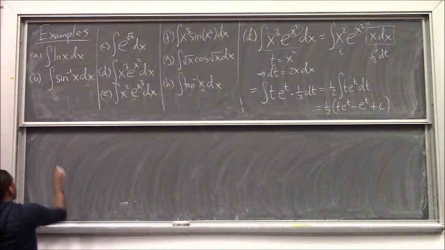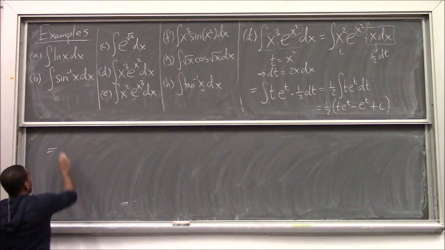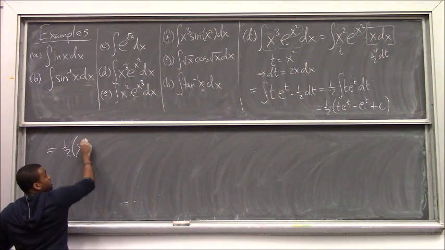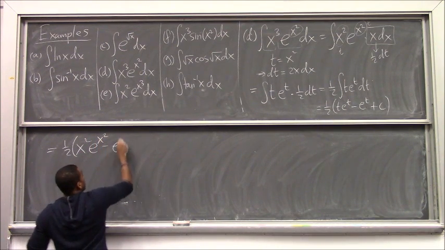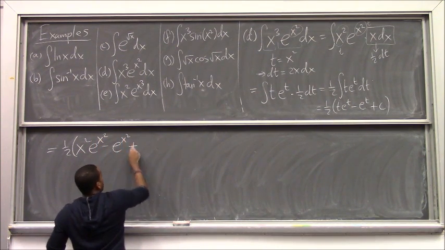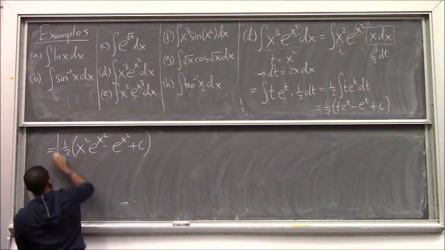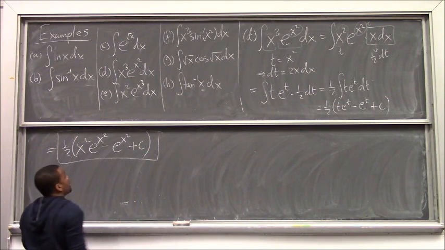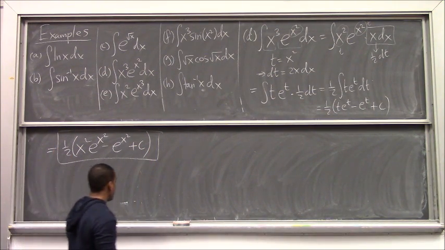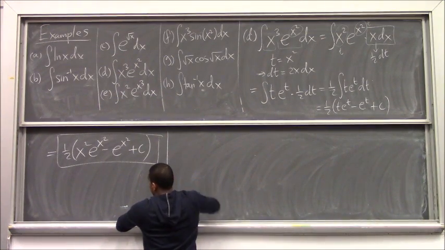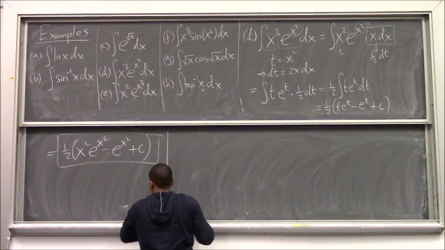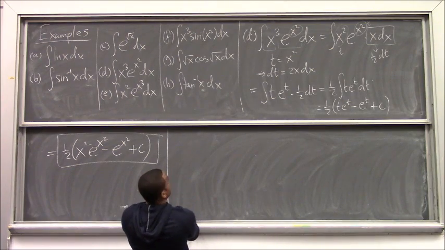So this is equal to 1/2 x squared e to the x squared minus e to the x squared. Let's see. What's that answer? That was D.